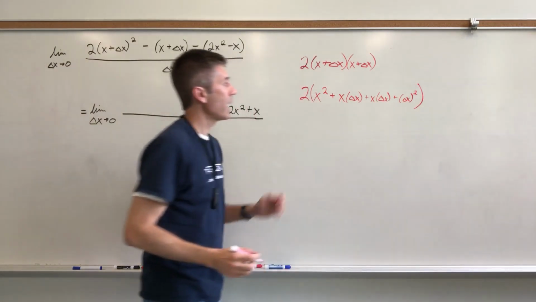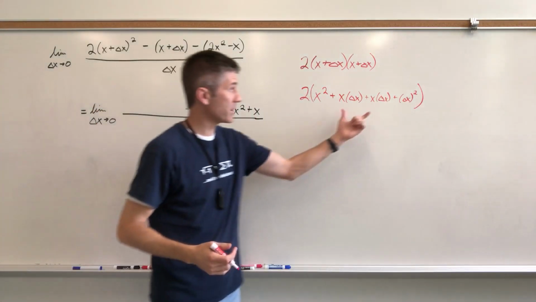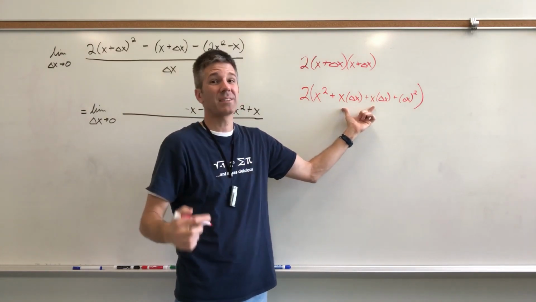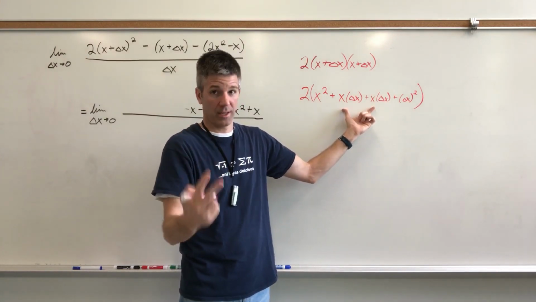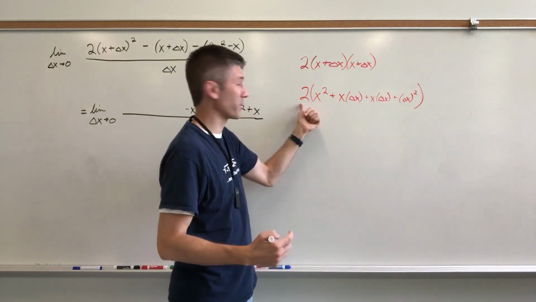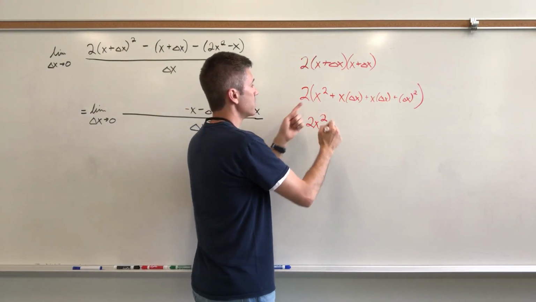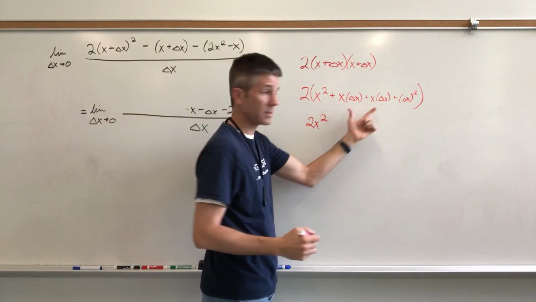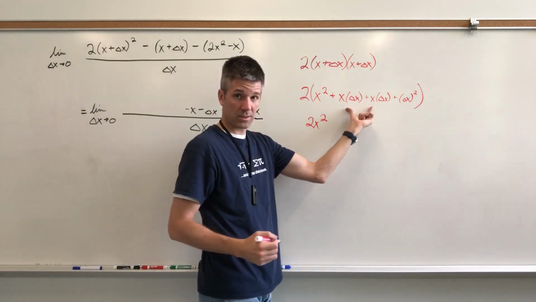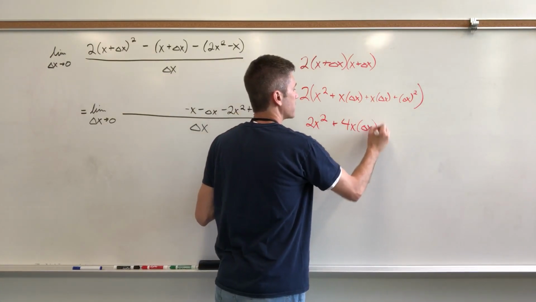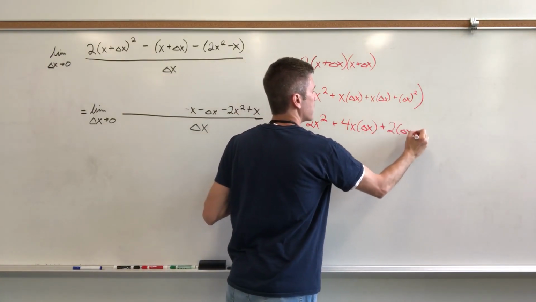There we go. First of all, these are alike. So I have x times delta x and x times delta x. That means I have 2x delta x. Well, I have 2 of them, but then I'm going to have to double it. So here we go: 2x squared, 2 times the 2 of these. So this is 2x delta x times 2, so 4x delta x plus 2 delta x squared.